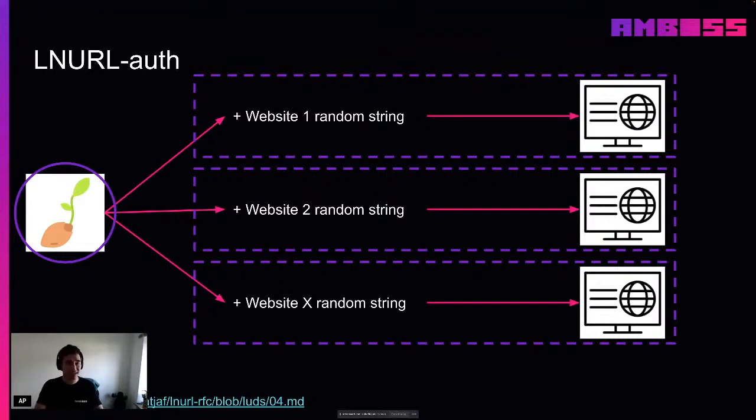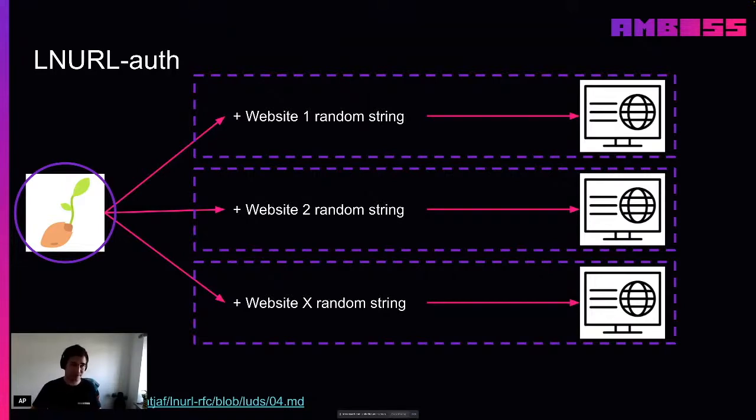So the ID that you generate for each of them is completely separate and has no relationship with the other websites that you're using, meaning that you can't find a link between all of the websites that you're using. You're sort of a new account on each single one of these platforms or services that you're using.